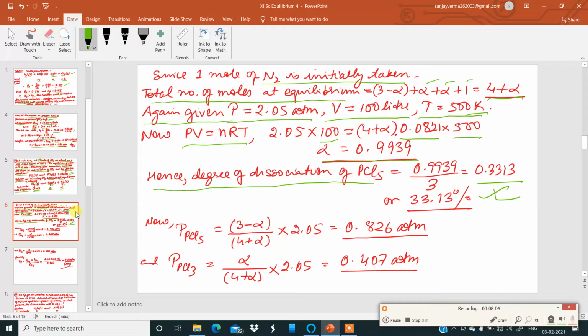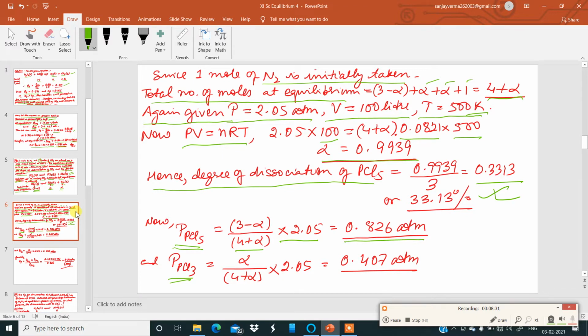Now to get the other part of the answer, to get the value of Kp, let us find the partial pressure of phosphorus pentachloride, phosphorus trichloride and chlorine in terms of alpha, degree of dissociation. So we know at equilibrium 3 minus alpha is the number of moles of PCl5. So 3 minus alpha divided by total number of moles into the total pressure at equilibrium 2.05, it is coming to 0.826 atmosphere.